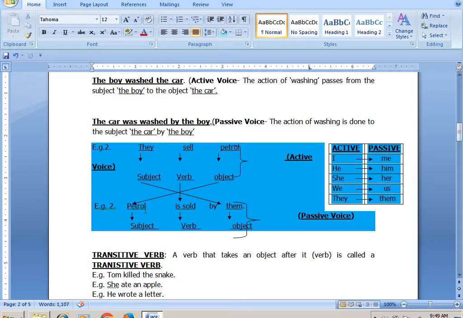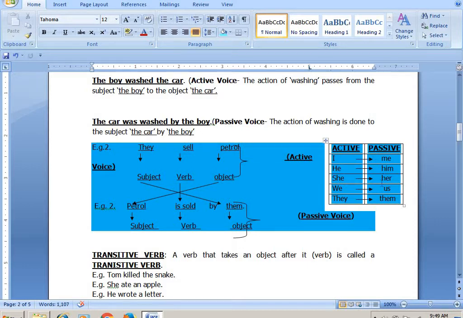And so, petrol; the verb remains as it is. Sell becomes sold, by changing into the past participle with the auxiliary. So, petrol is sold. You add by them. Why them? Students, pronouns change when you are turning into passive voice. Active they will change into passive them.